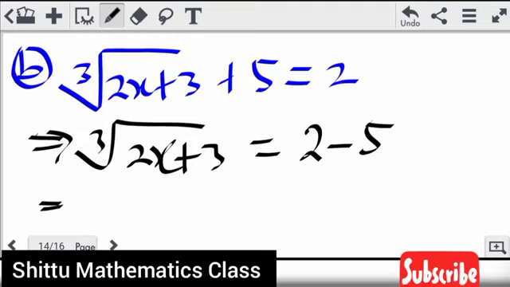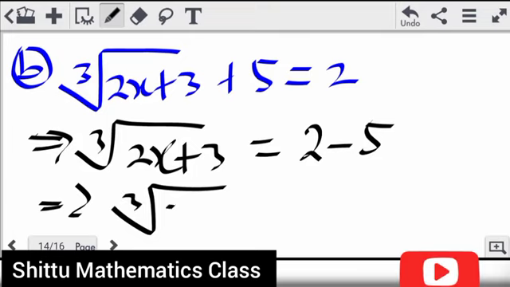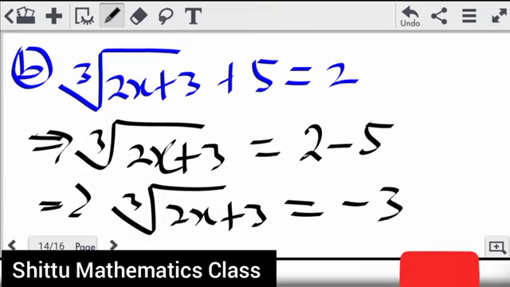So now this equation becomes 2x plus 3 equals minus 3. When you look at this, you can see a resemblance to what we did in the first example, because the right hand side is also a negative value, minus 3.